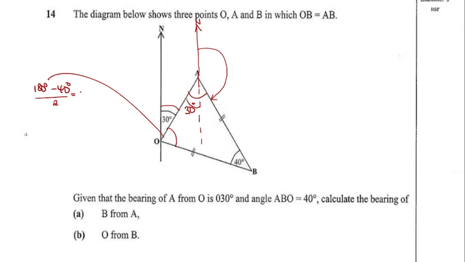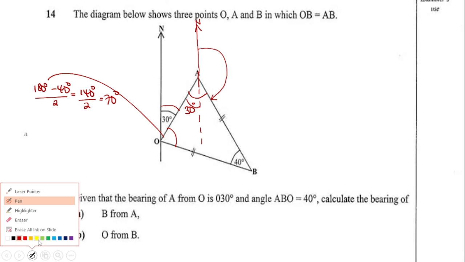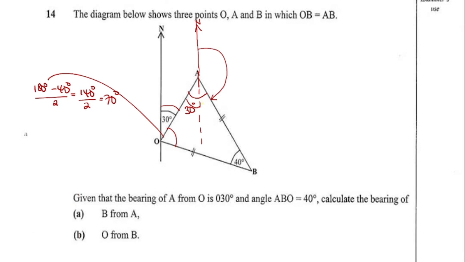This is going to give us 140 divided by 2. The answer is 70. So if the angle at A there is 70, and then we're going to take an angle there which is a 30, that means the remaining angle here is a 40, the one that is in yellow there.